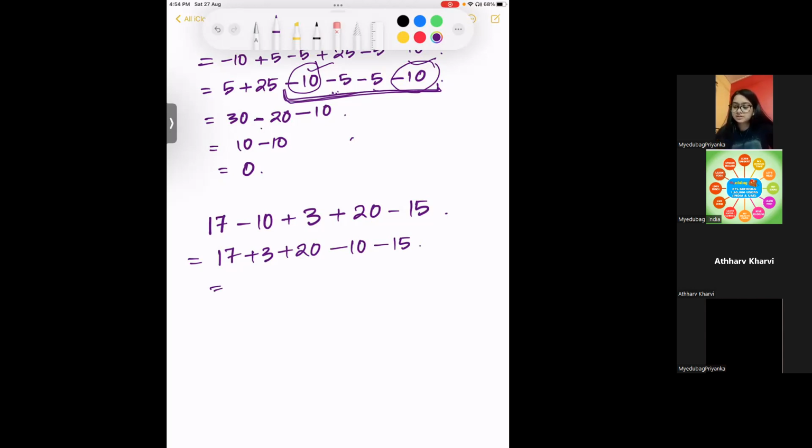Then 20 plus 20 is 40. Then 40 minus 10 is 30. And 30 minus 15 is 15.